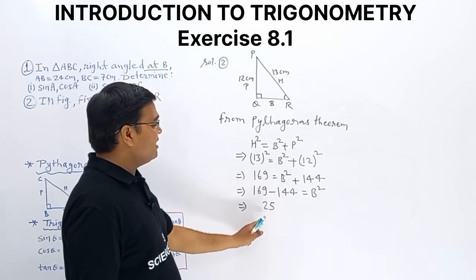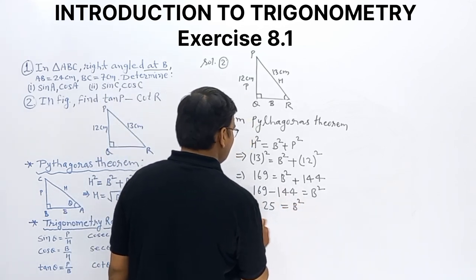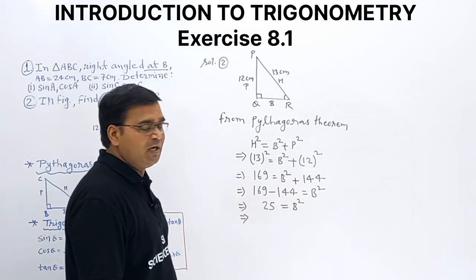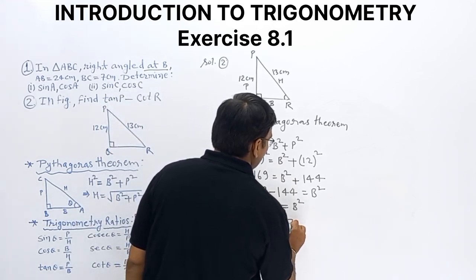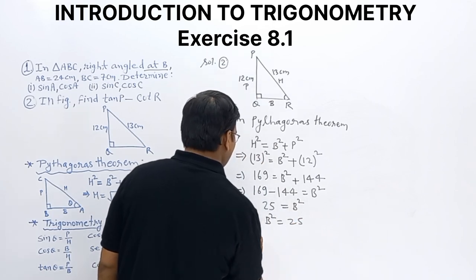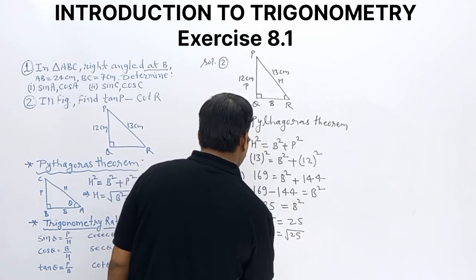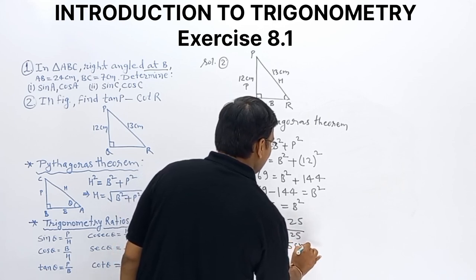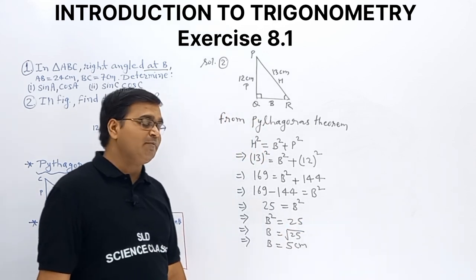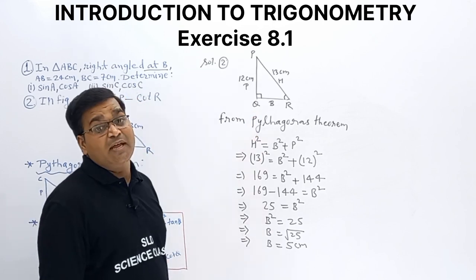When we subtract, we get 25 equals b square. Now changing sides, b square equals 25, and b will be its square root. Base equals 5 centimeter. Square root of 25 is 5. So the base is 5 centimeter.